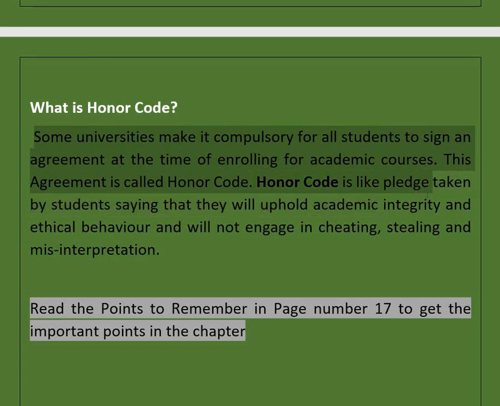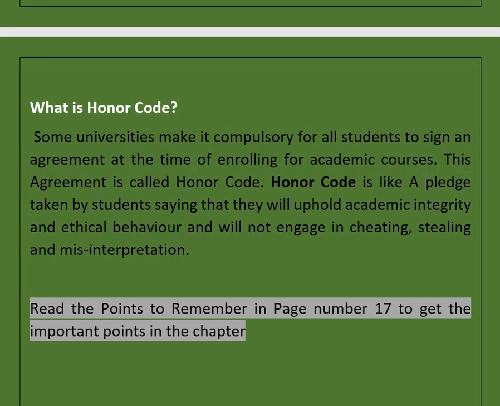An honor code is like a pledge taken by students saying that they will uphold academic integrity.